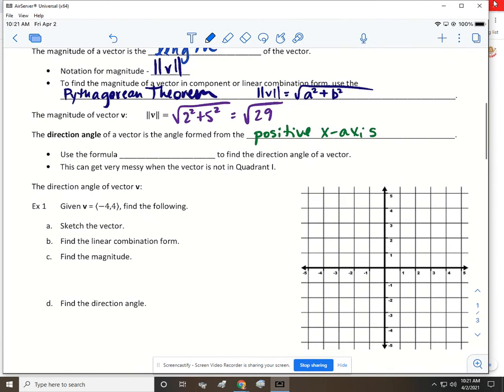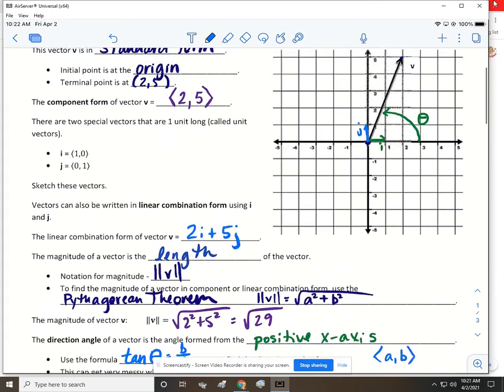All right, so to find theta, the direction angle, we're going to use the formula that the tangent of theta is equal to b over a. b is going to be the vertical component, and a is going to be the horizontal component. Now, sometimes this can definitely get messy when we are outside of quadrant 1, but we're just going to go ahead and use this vector v.